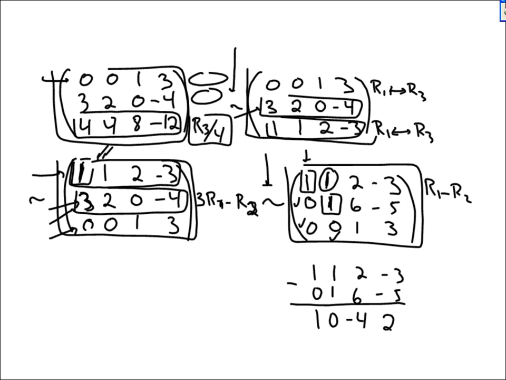So that's going to be the new row 1: 1, 0, negative 4, 2, 0, 1, 6, negative 5, and 0, 0, 1, 3. Let's move those over.